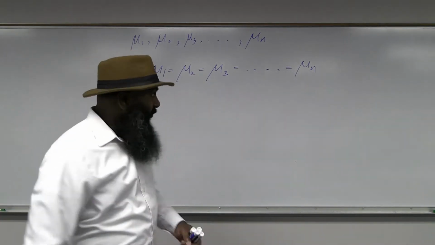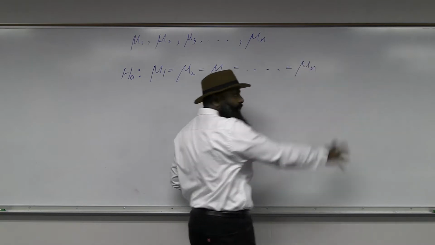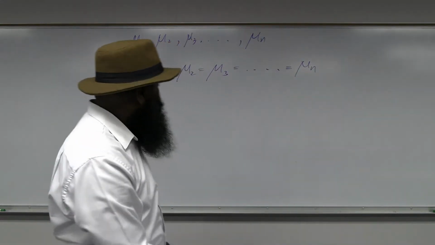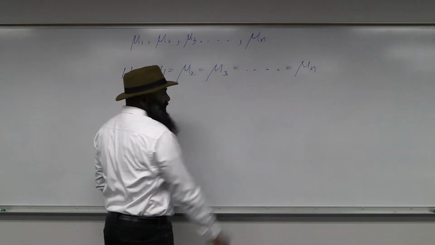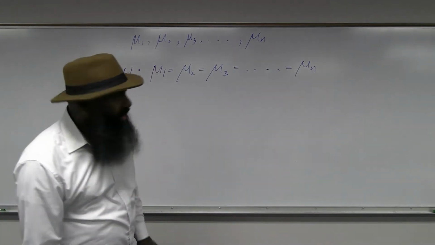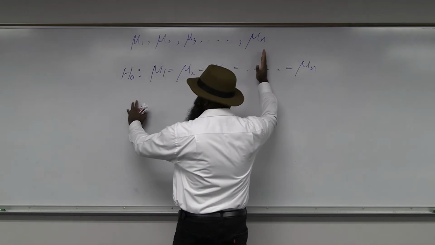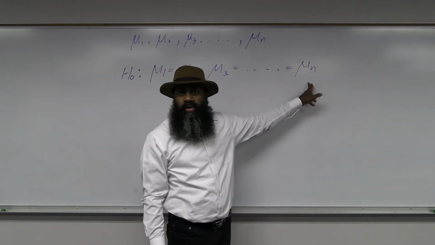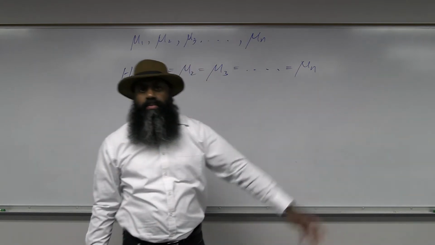Don't go for just n for all these cases. Read your question. If your question has 3 means to be compared with each other, you have to stop at 3. If your question has 4 means to be compared, you must write 4 means. Okay? Don't go up to nth mean. I will take points off if you write this generic form.